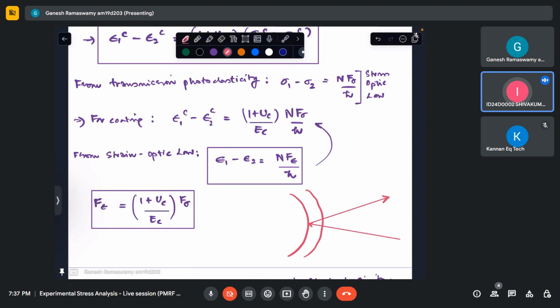No, essentially what we have done is we have just replaced the left hand side by relating this to strain. So that would still hold because we are not touching this at all.